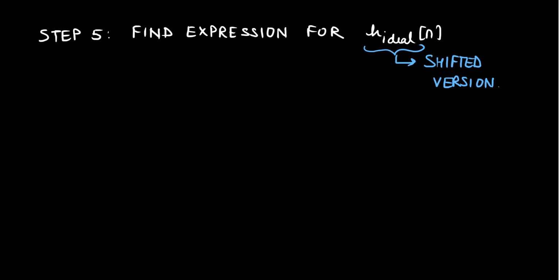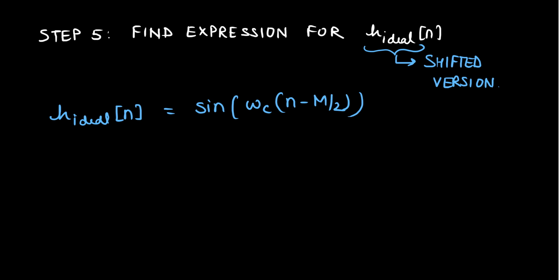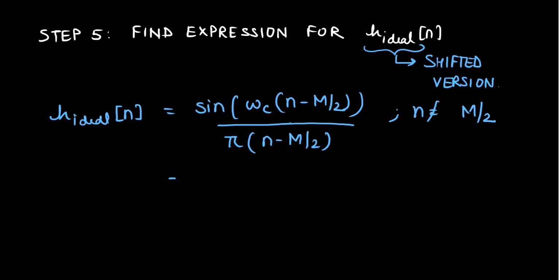Therefore the shifted version is h ideal of n equal to sine of omega c into (n minus M by 2) divided by pi into (n minus M by 2), and this is valid for n not equal to M by 2, and it is equal to omega c upon pi for n equal to M by 2.